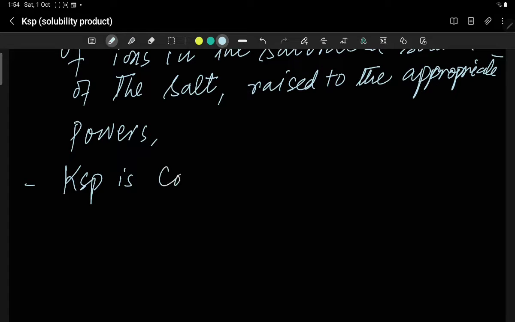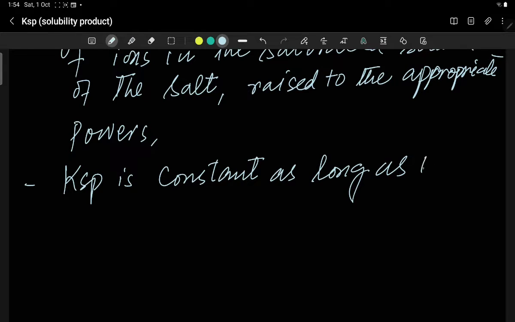Ksp is constant as long as temperature remains constant.